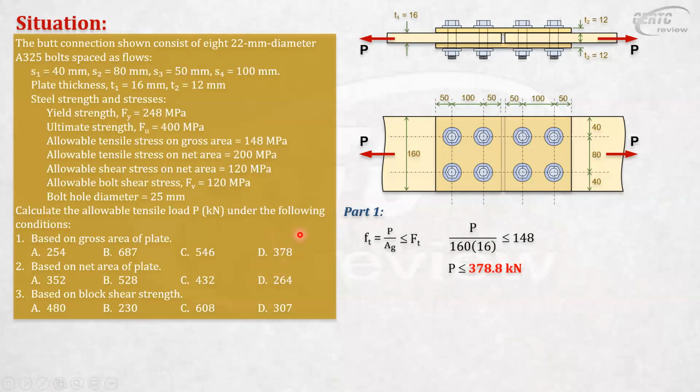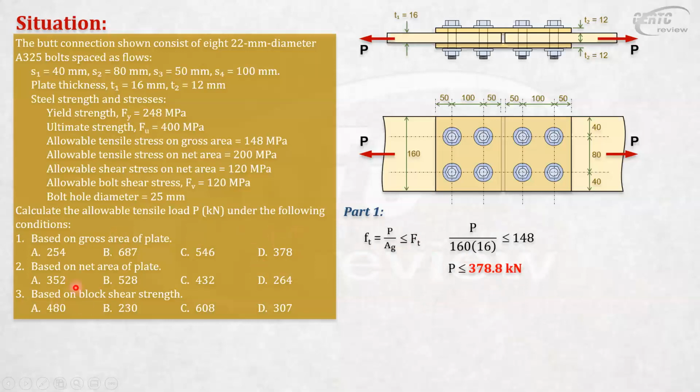Sometimes the examiner asks to select the maximum, and students try to round this off. The maximum means the maximum that is qualified based on your criteria. So P shall not exceed 378.8.